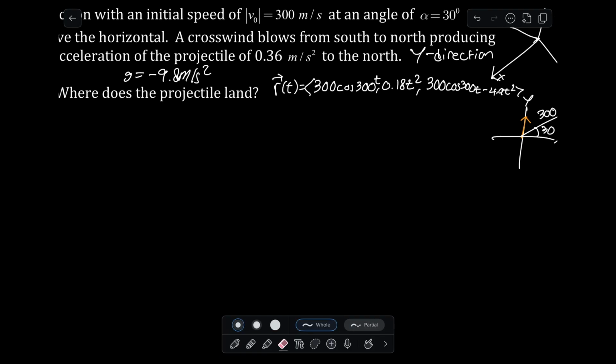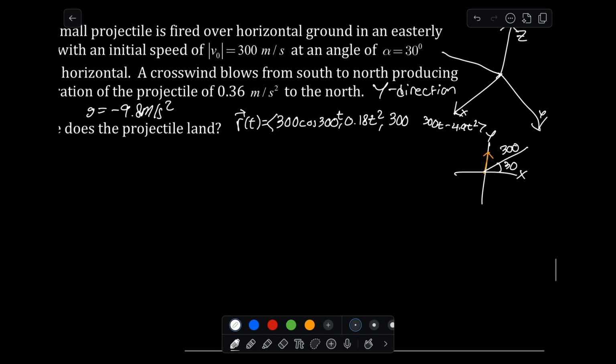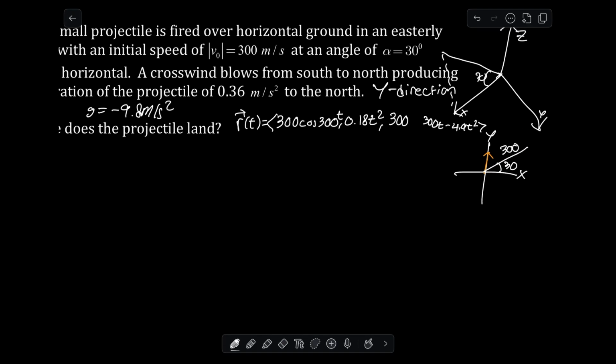Oh, this should be sine of t, because on our projection right here, this is 30 degrees, and this distance, let me label that in blue, is actually going to be opposite, which is going to be our z, right?